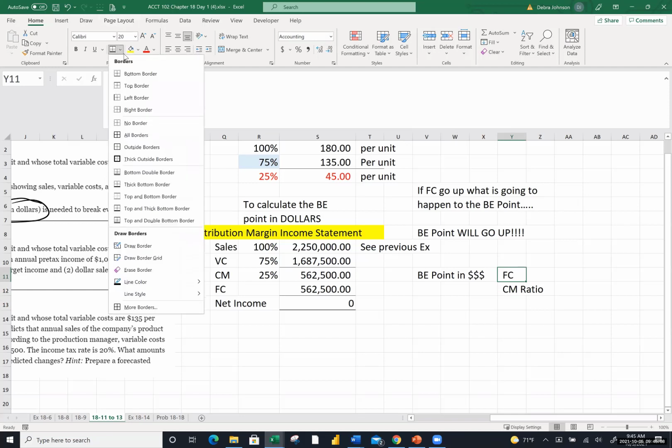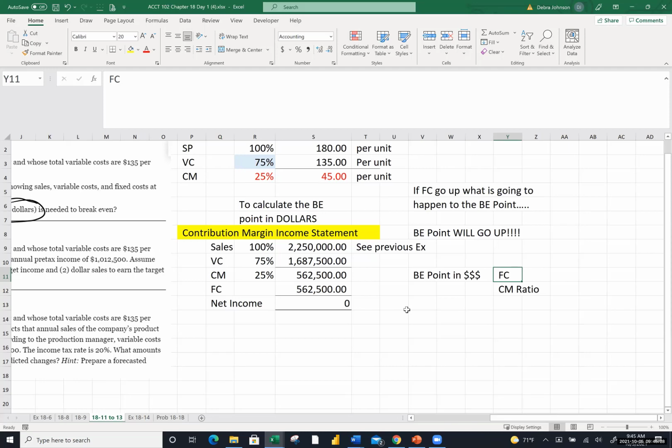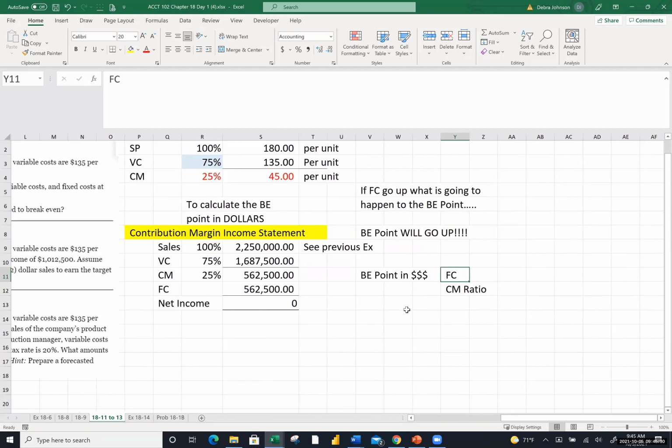An example would be, maybe you guys are getting the same thing, I just got a big increase in some insurance costs for my business. Well, and for me personally, right? I'm going to have to sell more units to break even because I'm going to have to cover those increased fixed costs. Typically, insurance is a fixed cost.